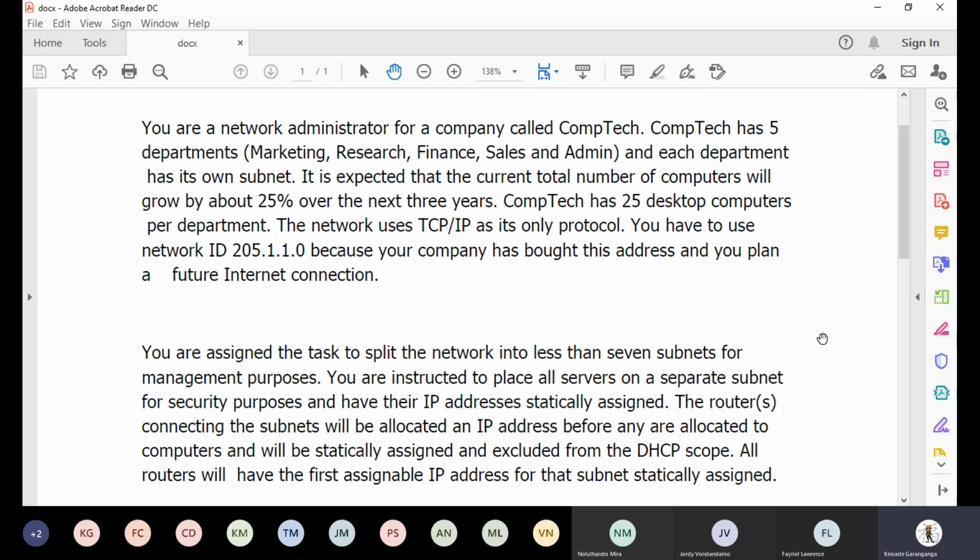So from the DHCP scope, remember a scope is an IP address range that you configure as far as the DHCP server is concerned, that range would have a set of IP addresses, and ultimately this is the pool that you'd use to automatically assign IPs.